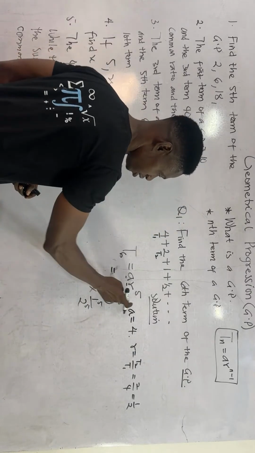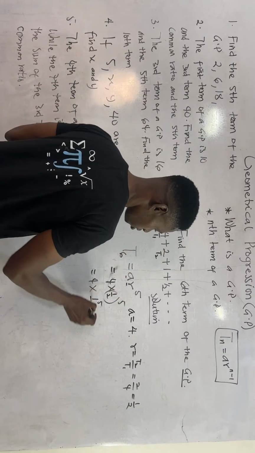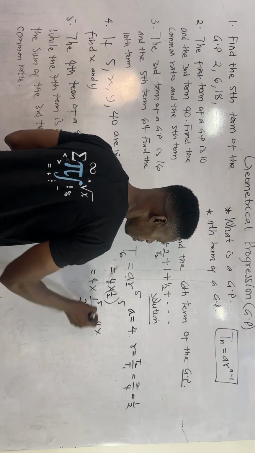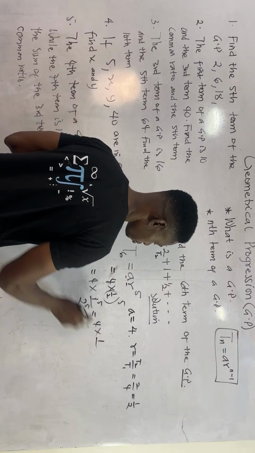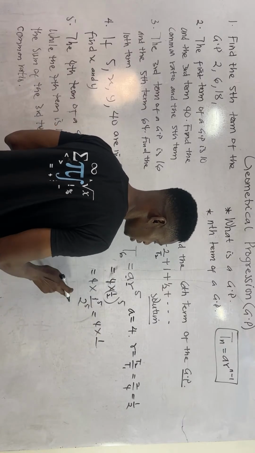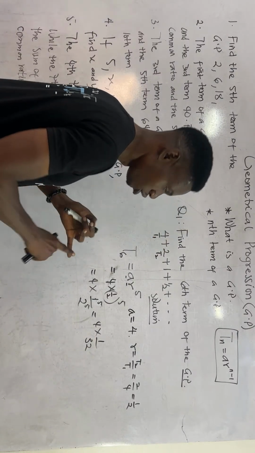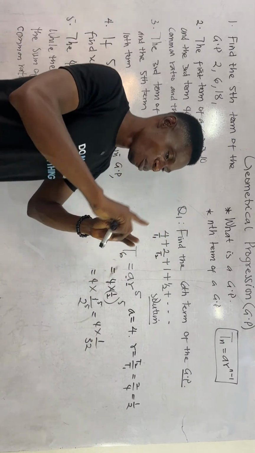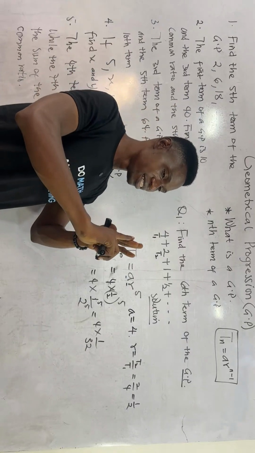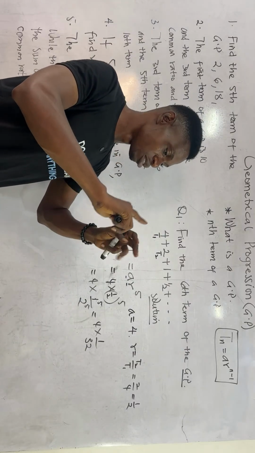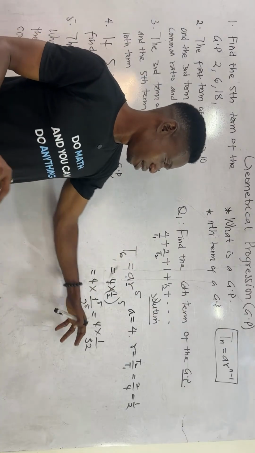So we'll have 4 multiplied by 1 raised to the power 5, which is 1. 2 raised to the power 5 is 32, right? That's 2 multiplied by 2, that's 4. Multiplied by another 2, that's 8. Multiplied by 2, that's 16. Multiplied by 2, that's the fifth one, gives us 32.